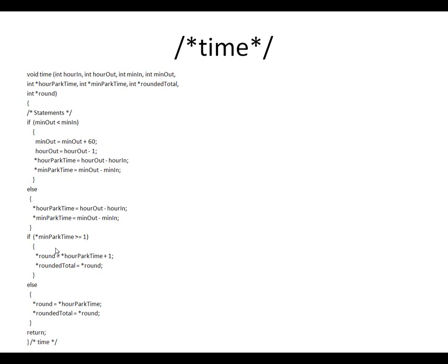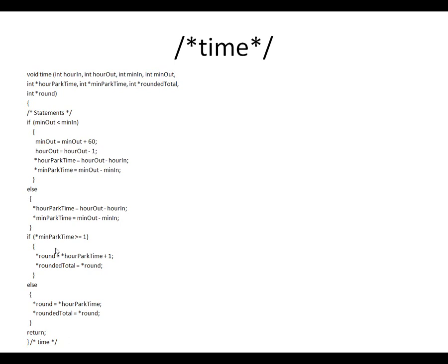First thing I do in this routine, I want to make sure that my minute out is not less than the minute in. If it is, I want to add 60 to the minute out, and I take away 1 from hour out. So when I do subtract the minute in and minute out, I wouldn't come up with the negative number.